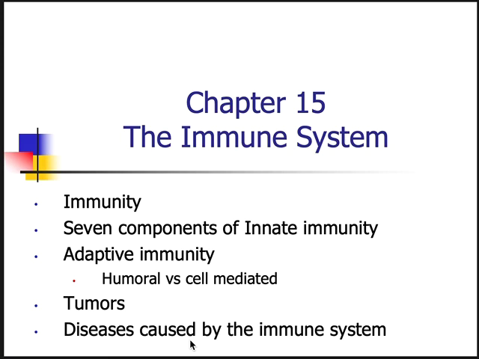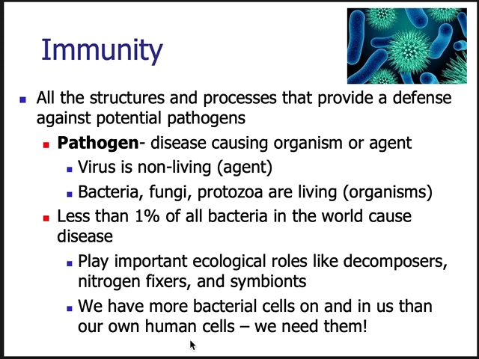And then we will spend the second half of the lecture on adaptive immunity and a little bit on HIV, tumors, and allergies, or diseases caused by the immune system, or rather when the immune system misbehaves. Okay. So today is all innate, remember.